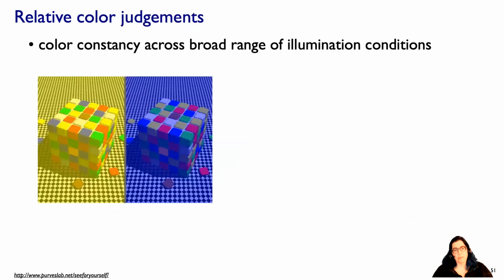Similarly, if we look at colored things, here we see sort of a yellowish cast and a purplish cast on the same Rubik's Cube, and if we look at this red subcube versus that red subcube, we can certainly tell they're both red. Just looks like we're wearing two different kinds of sunglasses.